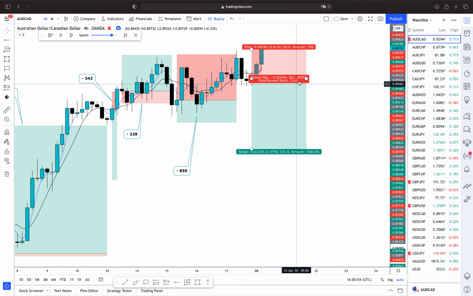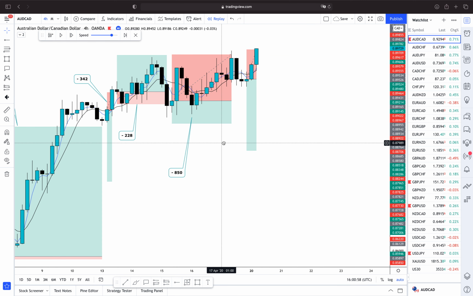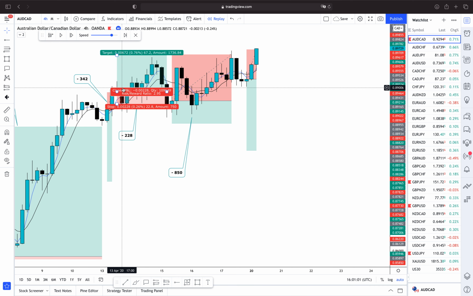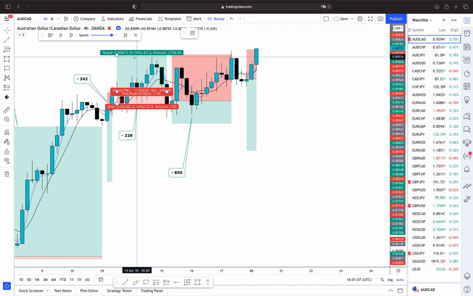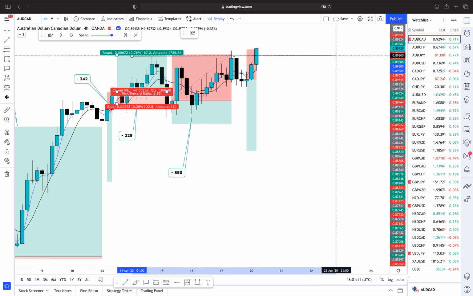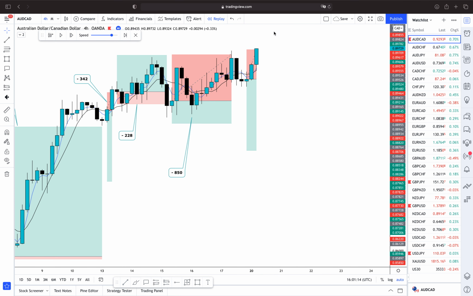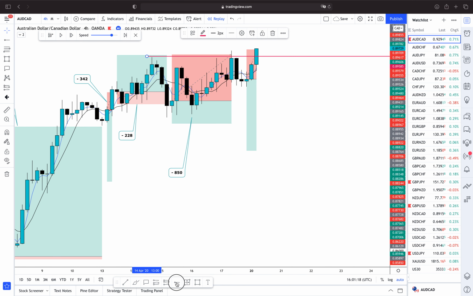No, it has taken me out once again. So when things like this happen, what I usually do, I just stay out. For now I'll just stay out until price breaks either this level or this level.